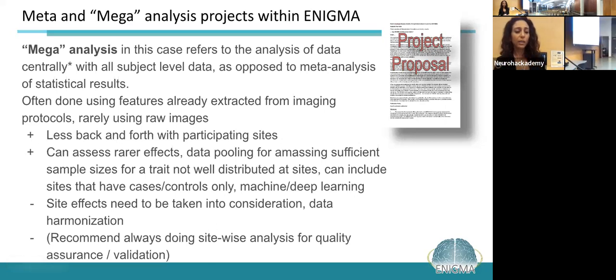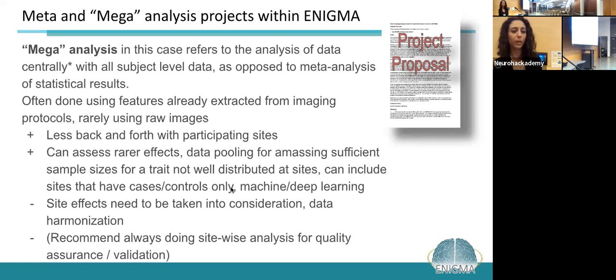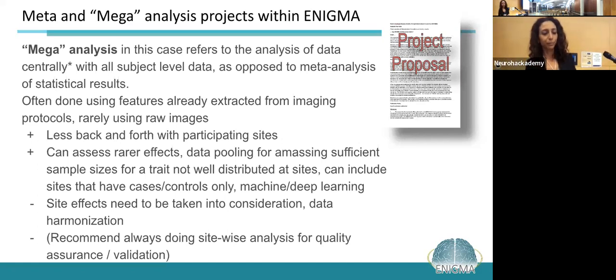And I'll show some examples of some rare effects that we are looking at. And then you can essentially run analyses on traits that are maybe not well distributed across sites. And that could be case control. You could also do a lot of machine learning now that you have all these data sets.